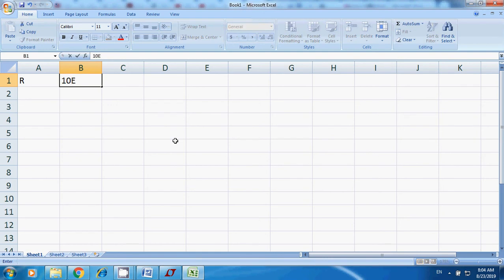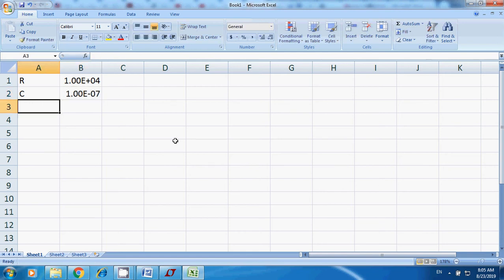Then I'm going to put 10E3. That means 10K. 10 multiplied by 10 to the power 3. And then your C, you have 0.1 microfarad, right? So that's 0.1 times 10 to the power negative 6.